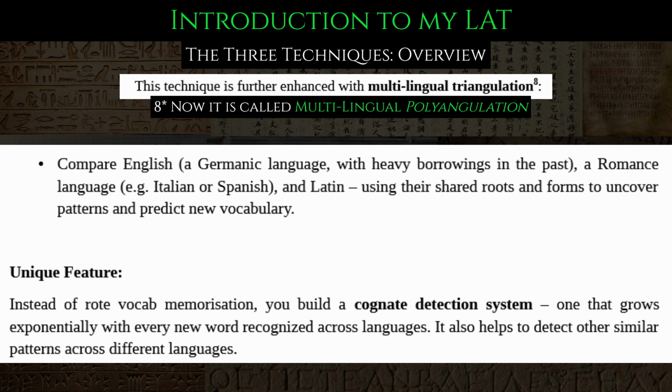Now, also here we have something unique. Instead of rote vocabulary memorization, I'm absolutely against vocabulary memorization, you build a cognitive detection system, so to speak. One that grows exponentially with every new word recognized across languages. It also helps to detect other similar patterns across different languages.